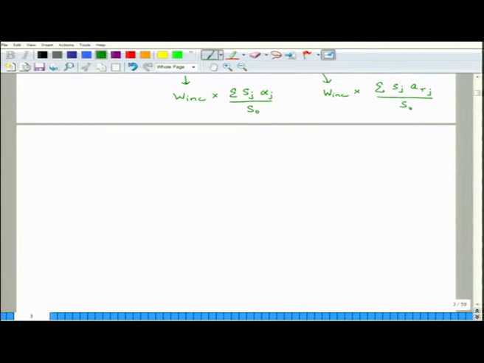So, I can say that W equals Sj alpha j divided by S naught times incident power, plus Sj ATj divided by S naught times incident power. In this relation, the first term is the amount of power absorbed by the walls, and the second term is the amount being transmitted by the walls.